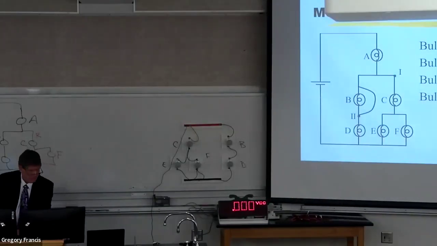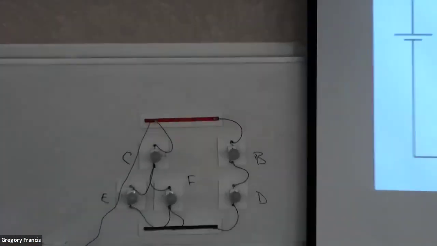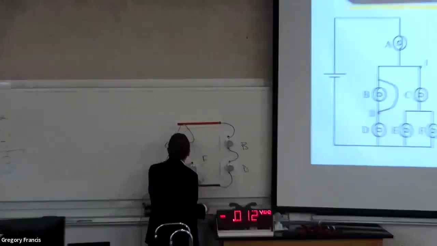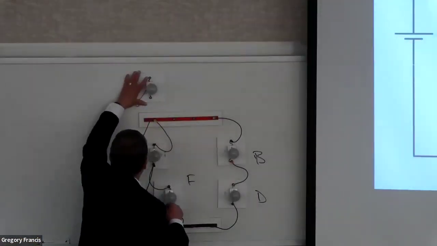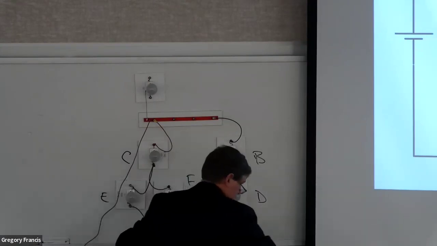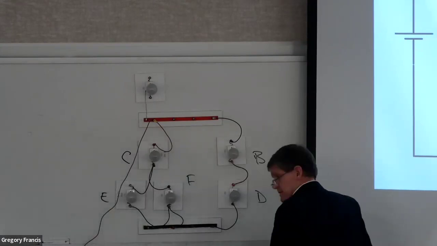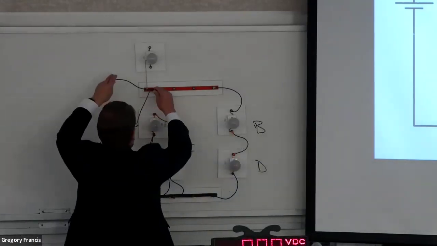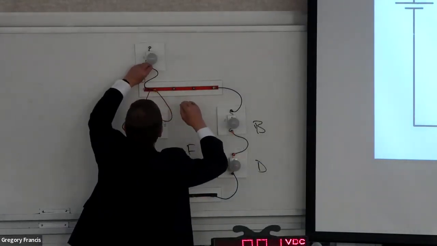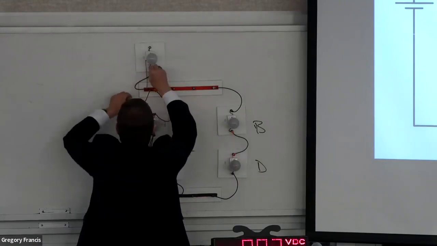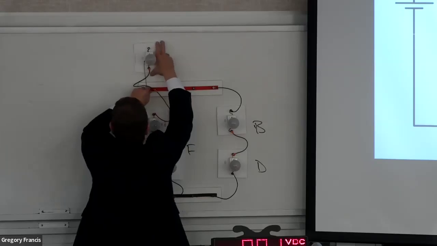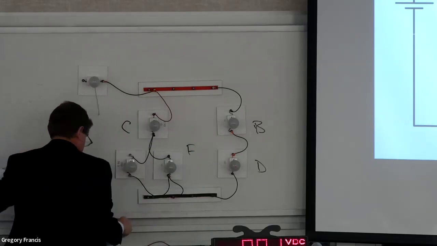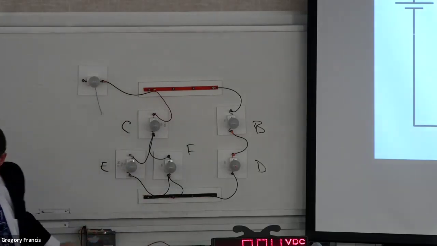Okay. So I need a bulb A, don't I? So let's put, this is bulb A, and we're going to grab this. Now, I can't reach bulb A up there with my lead, so I'm going to bring it over here. Is that okay? We call that A.